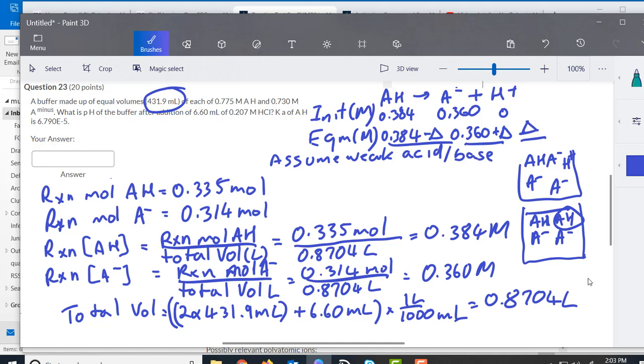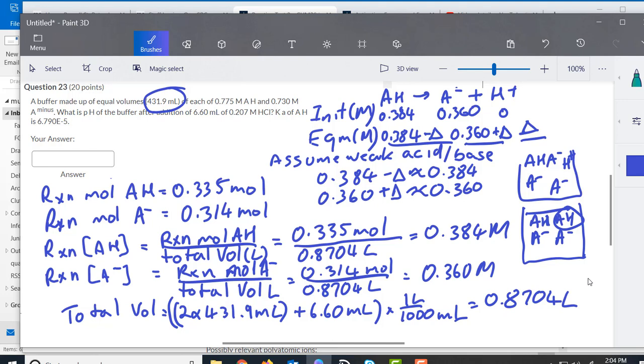And what that allows us to do is say 0.384 minus delta is approximately 0.384, and 0.360 plus delta is approximately 0.360, which allows us to simplify our next calculation.